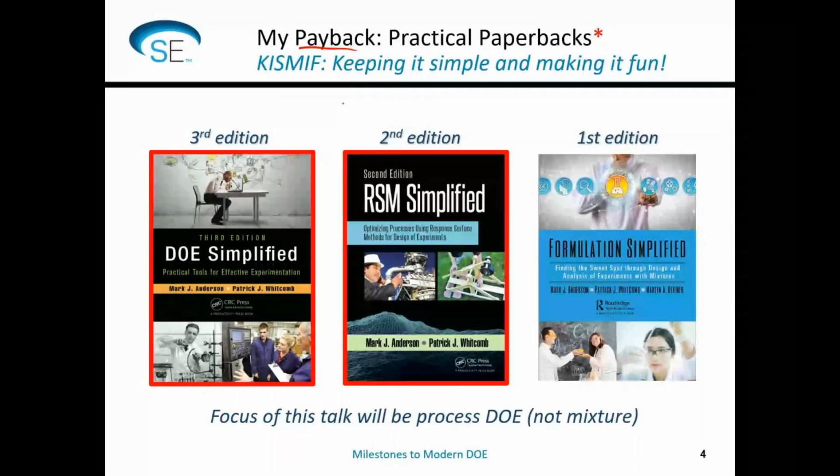And rather than having to deal with academic textbooks and too much information on mathematics and so forth, I thought it would be fun to do a series of simplified presentations. I began with the core tools of DOE, which are the two-level designs, as I've already mentioned, for screening and characterization, and then the response surface methods for optimization. And that's going to be my focus today.